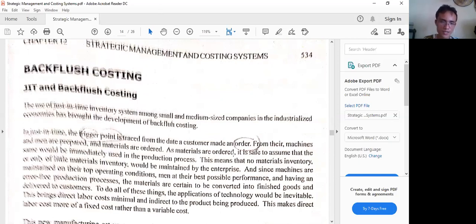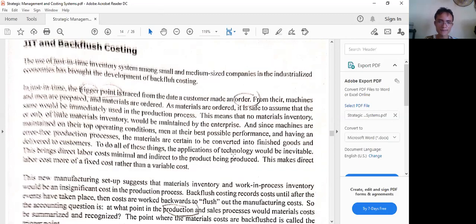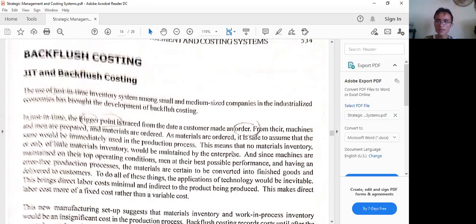Next is backflush costing, or JIT and backflush costing. By just-in-time philosophy, we mean that the materials are available and labor is also available. So we have to have plenty of suppliers and plenty of laborers or workers to support us along the way, as well as the machines to be used, in case there would be disruptions and things beyond our control.